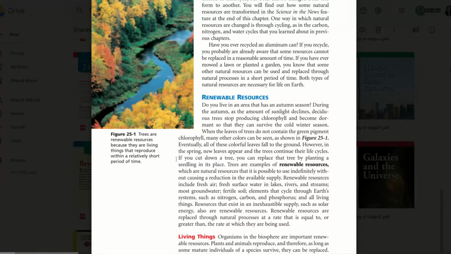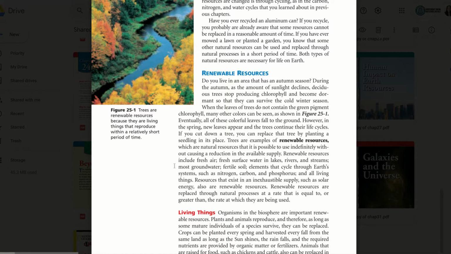If you cut down a tree, you can replace that tree by planting a seedling in its place. Trees are examples of renewable resources, which are natural resources that it is possible to use indefinitely without causing a reduction in the available supply.